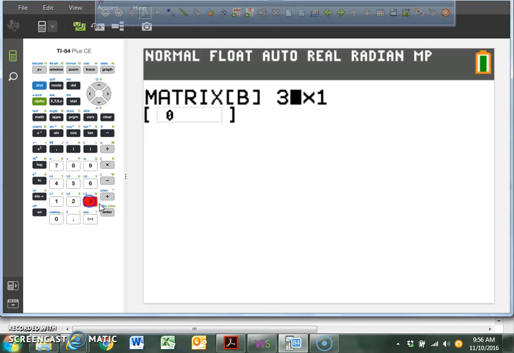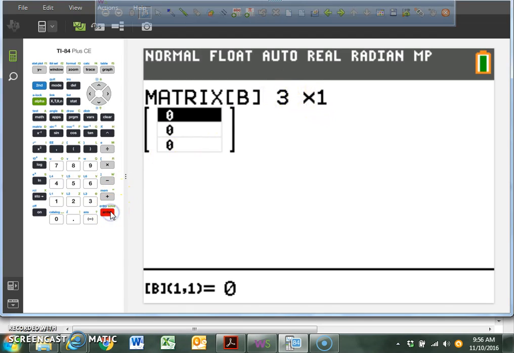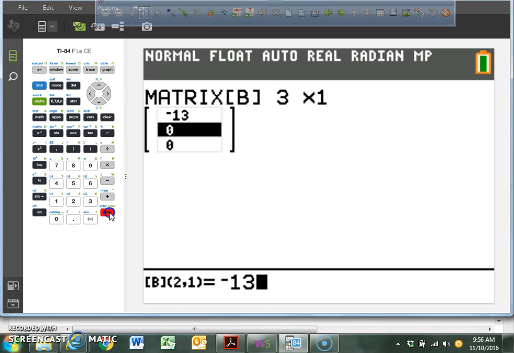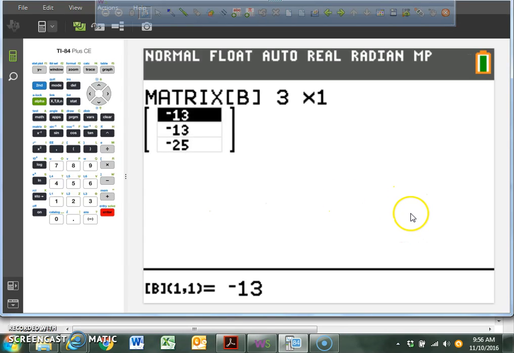It has 3 rows and 1 column, so you need to make it a 3 by 1. The 3 numbers we're going to type in are -13, -13, and -25. So now you have matrix A built and you have matrix B built.